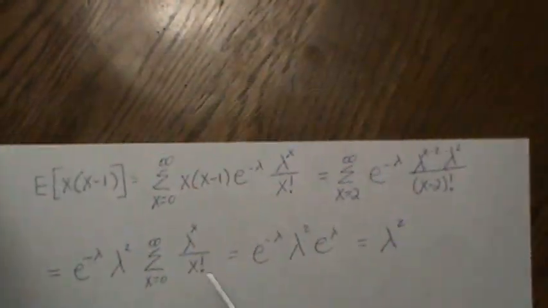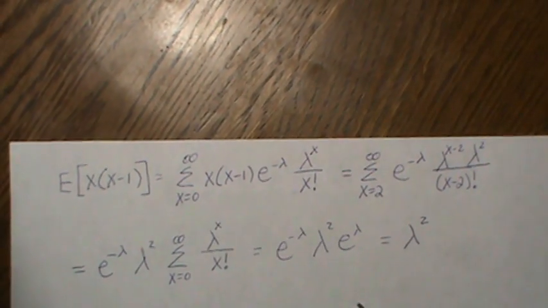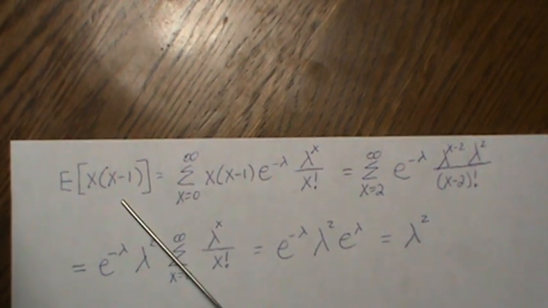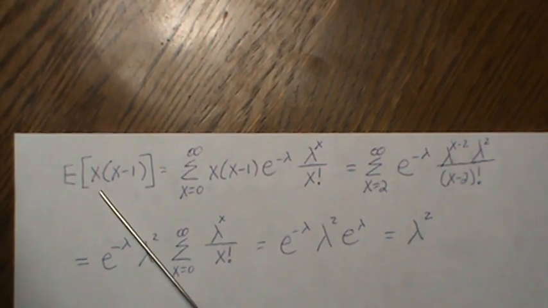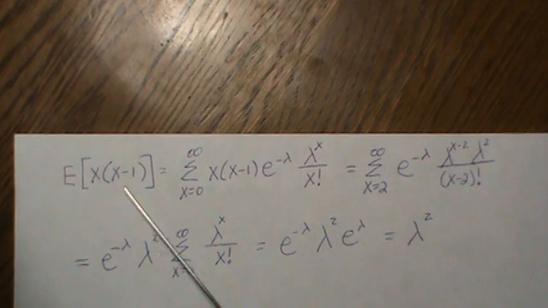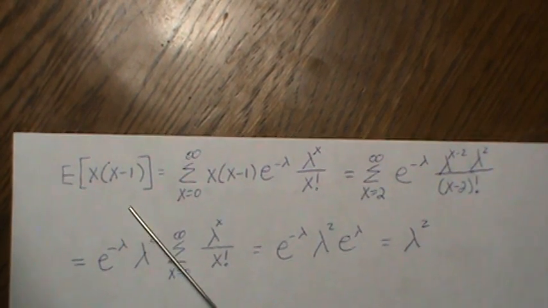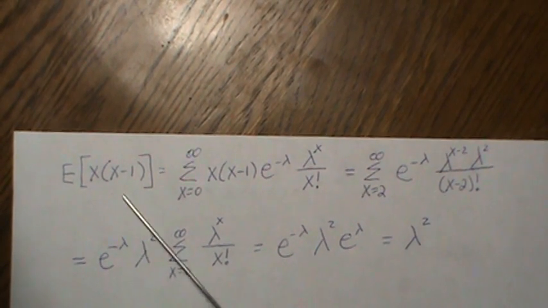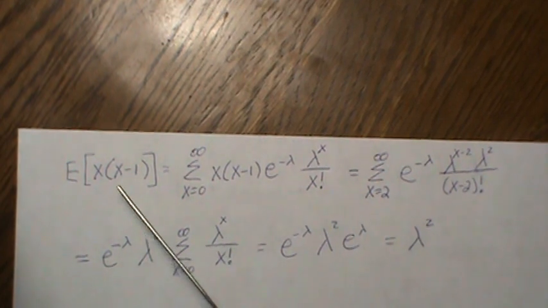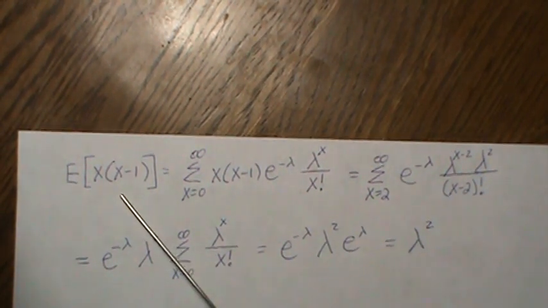Now before we jump into the variance, we're going to look at what's called the second factorial moment. It's basically because there are two terms here, 1, 2, and it's sort of factorial-like. So it's a second factorial moment.